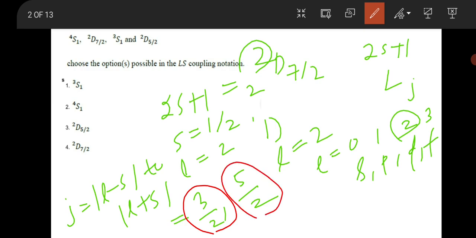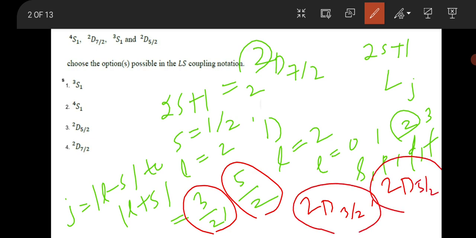So the possible term symbols may be 2D 3/2 and 2D 5/2. These are the two possible term symbols for the 2D state, but the term symbol given is 2D 7/2. So 2D 7/2 is not possible, only 2D 3/2 or 2D 5/2 is possible. Also 4S1 is not possible, as I solved.